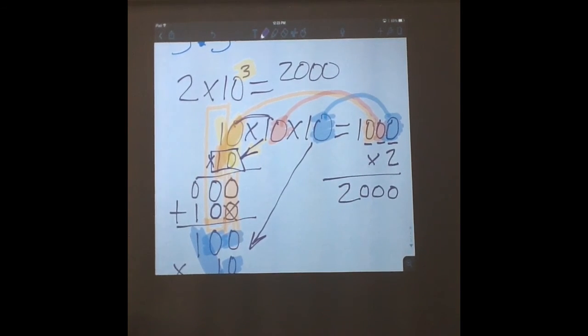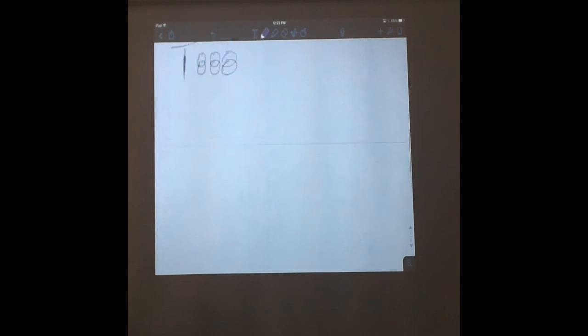Remember our shifting method? Do you think this could be used for our shifting method? Yes. How could we use it as a shifting method? So our problem is 2 times 10 to the 3rd power, right? So let's just say I'm going to do the shifting method.